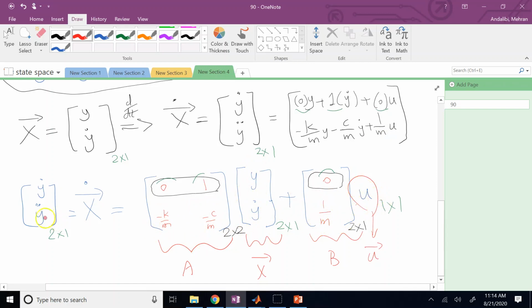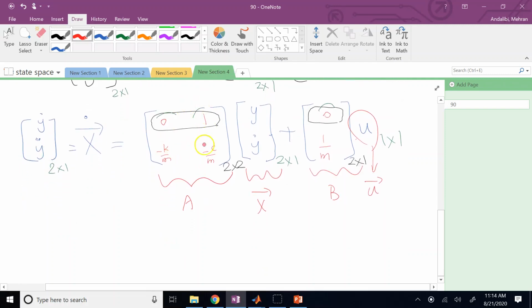The result of that will be y double dot. So now this is my matrix A, this is my matrix B, and this equation is my state equation, that x dot is A times x plus B times u, where A is this and B is this one. So I could write my first equation.